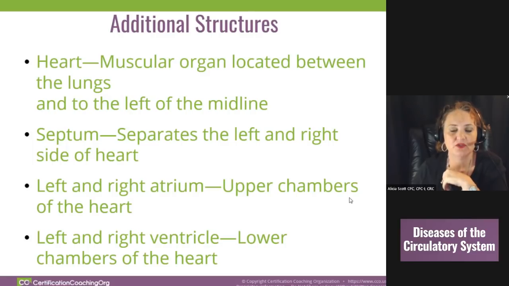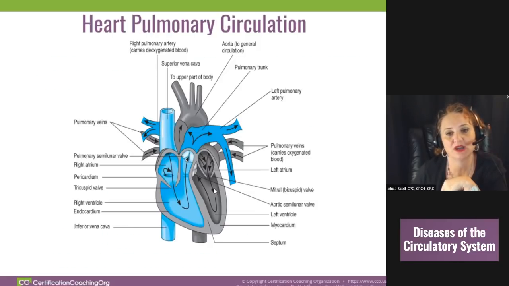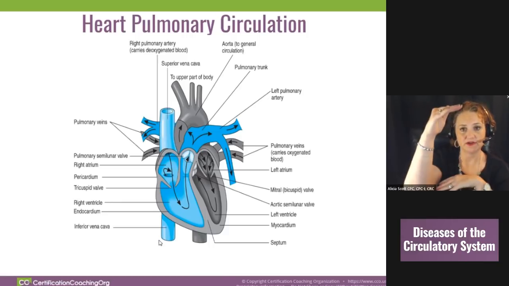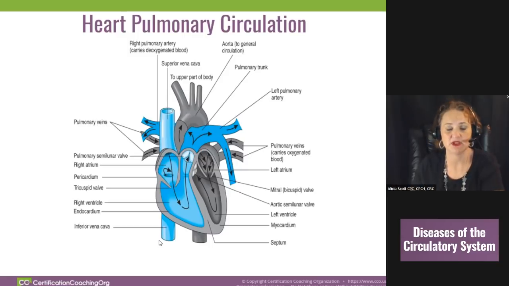Now, here's a quick view of the heart itself, and there's that aorta, the largest vessel of the body, whether it's an artery or a vein. And then here is the superior vena cava, and here's the inferior vena cava, which superior is above and inferior just means below.